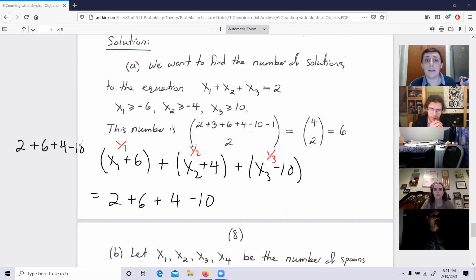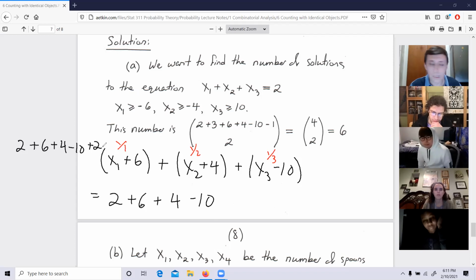So I had 3 partitions, so I need to add 3 minus 1, or simply plus 2, right? And then choose 2, right?